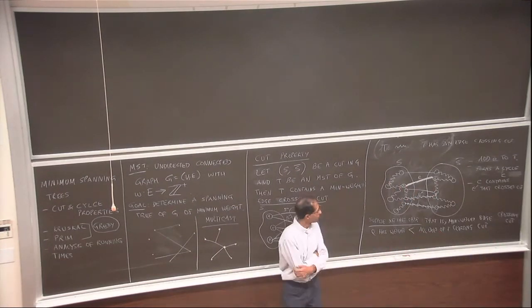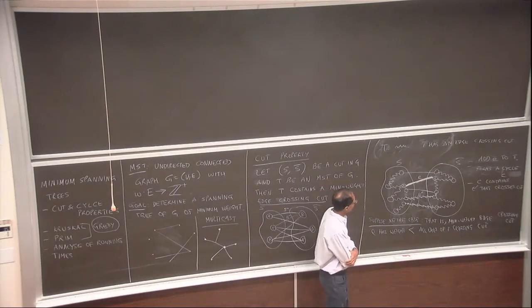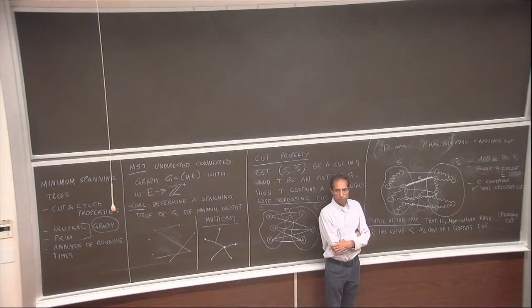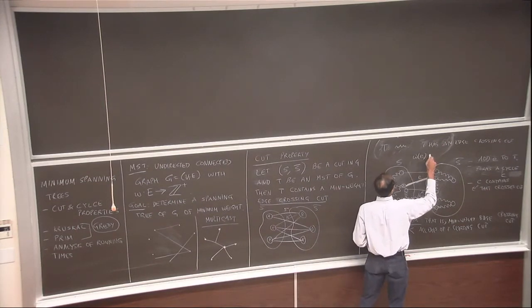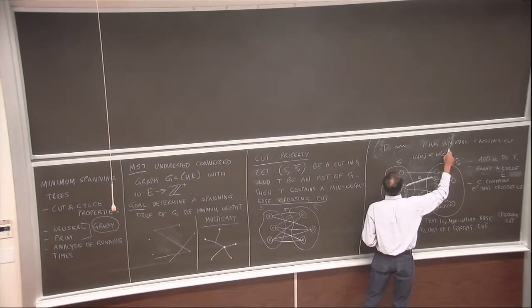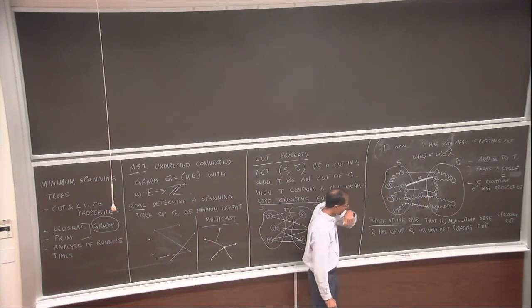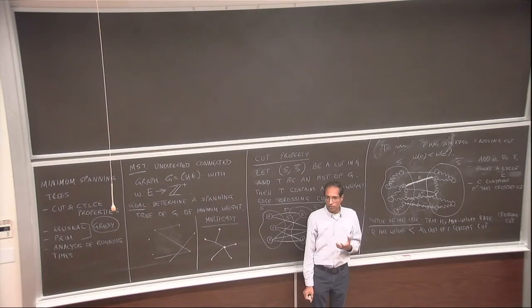What do we know about the weight of E as compared to the weight of E prime? It's strictly less than. So what would we like to do? We would like to simply remove E prime.